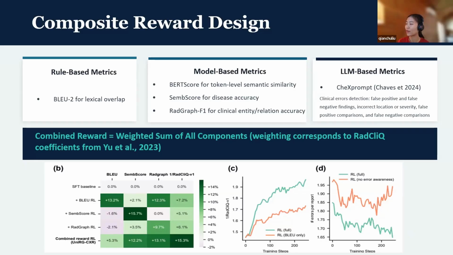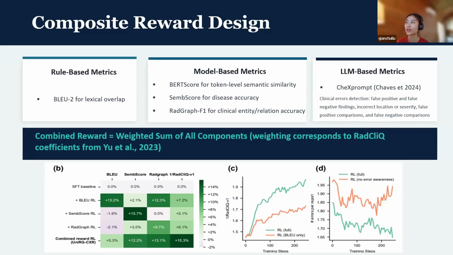Some of the findings we had using LLM-based metrics: if we just use that, because this metric only cares about error detection, right? So it doesn't care about how your output would look like. What we found is that when leveraging only LLM-based metrics, the model tends to generate sometimes unreadable sentences, but without errors, or it tends to repeat itself, or it just falls into some weird patterns.